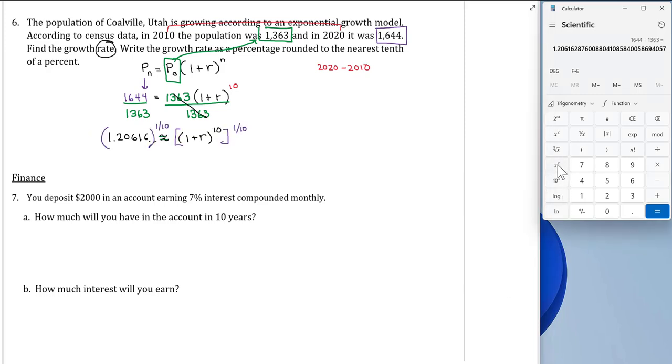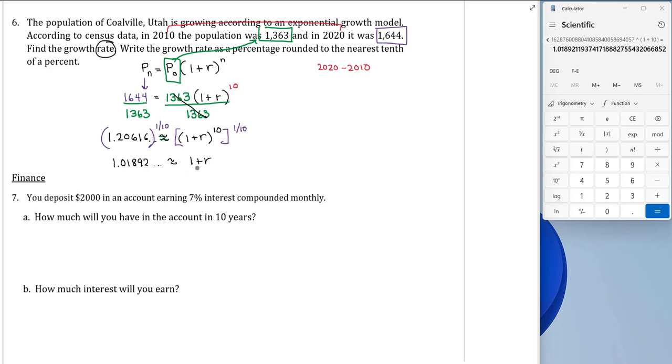So I'm going to go ahead and take this to the power of, and then in parentheses, I'm going to put 1 divided by 10 for 1/10 because I don't have fractions. Then I'm going to hit equal. And this gives me what is equal to 1 plus r because the powers reduce, whether you use a 10th root or a 1/10th power.